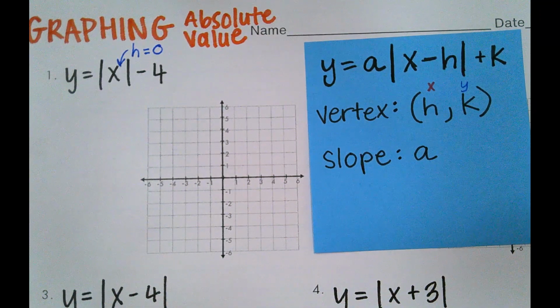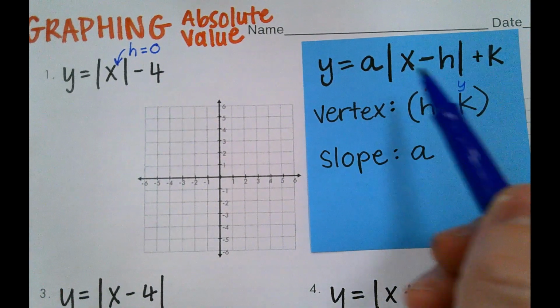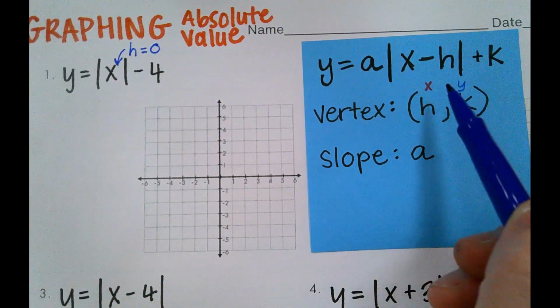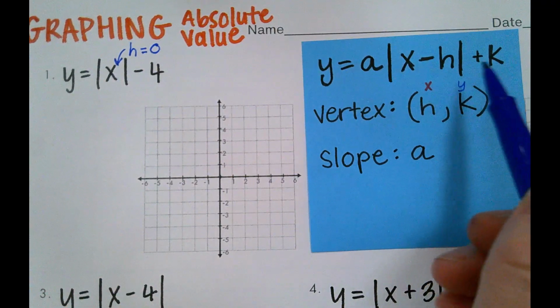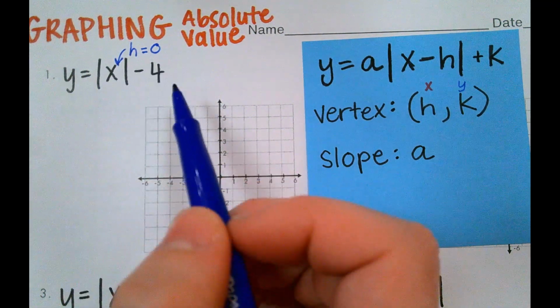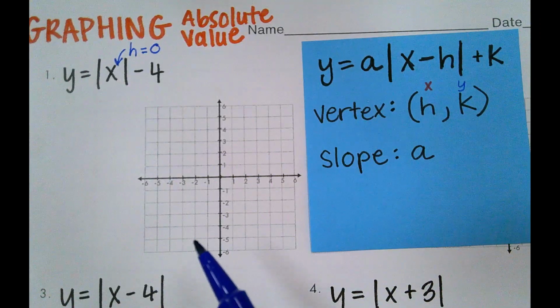So h is 0. Next, I'm looking inside here: x minus h, and we said h is 0. Close the absolute value. Then there's plus k at the end. For number 1, after my absolute value, what's at the end? Minus 4. So what's k? Negative 4.